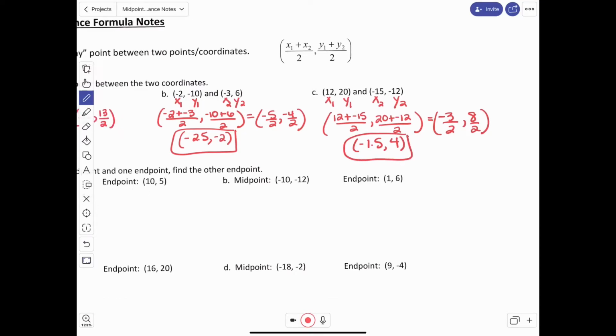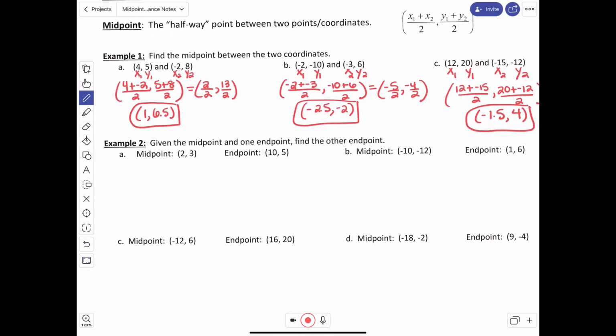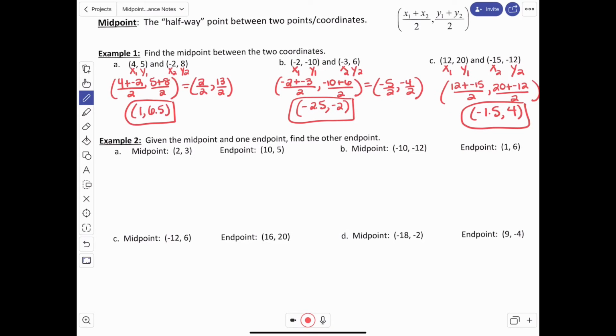Okay, so now let's say that you are given the midpoint and you're given an end point, and we're going to find the other end point. So basically what's going to happen here is that we don't know what one of the x's is.